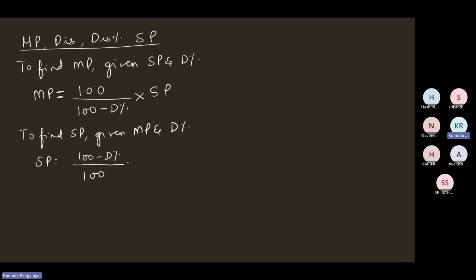Discount percentage, not discount in rupees. If in the question the discount is in rupees, you cannot put that here. It's 100 minus d%, discount percentage. So SP is equal to 100 minus d% by 100 into MP.